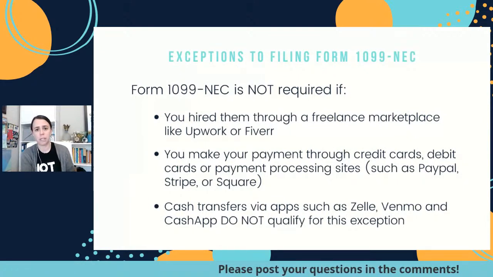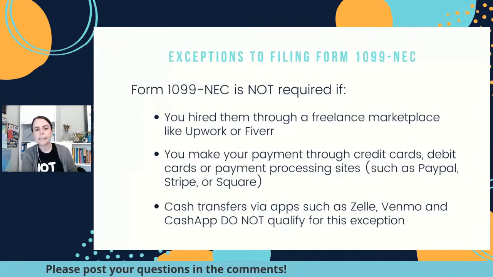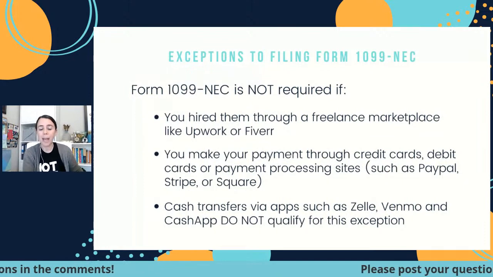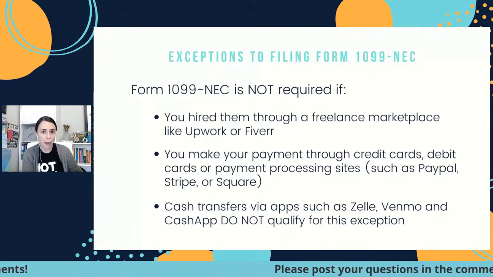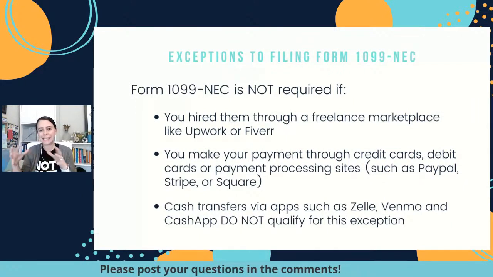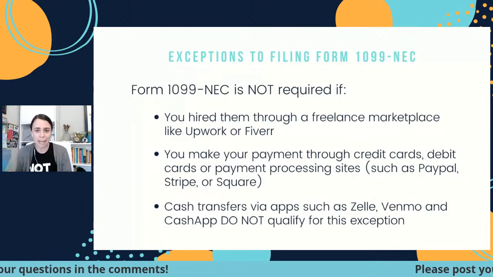You also don't have to issue one if you pay your contractors through credit cards, debit cards, or third-party payment processing sites, for example PayPal, Stripe, or Square. The reason for this is that those sites have rules themselves for when they have to issue 1099s.